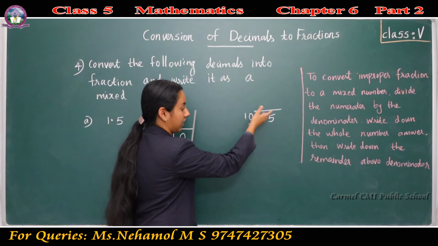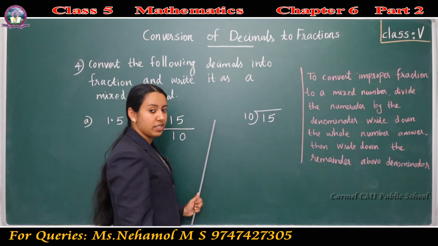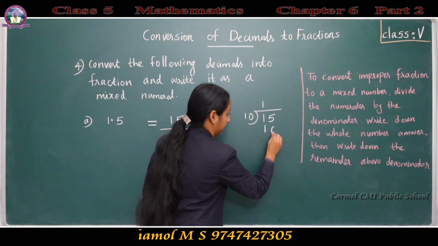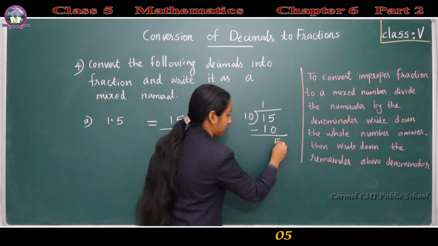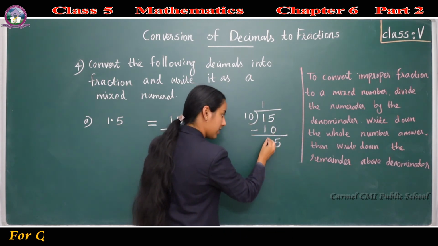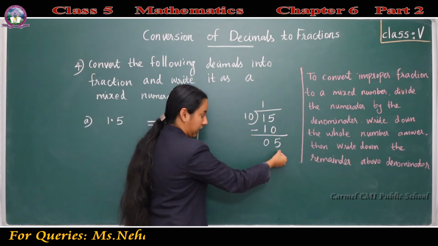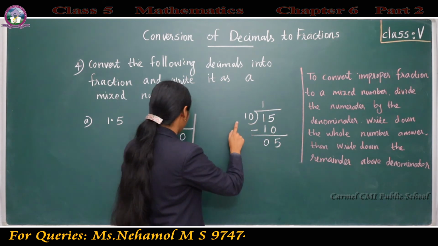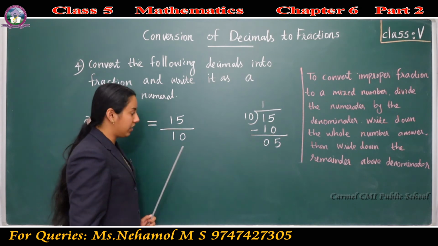How many tens are there in 15? 1 ten is 10, 2 tens are 20, so we take 1 ten. Subtract: 5 minus 0 is 5, 1 minus 1 is 0. We got 5 as the remainder, which is less than 10. So the quotient is 1 and the remainder is 5.